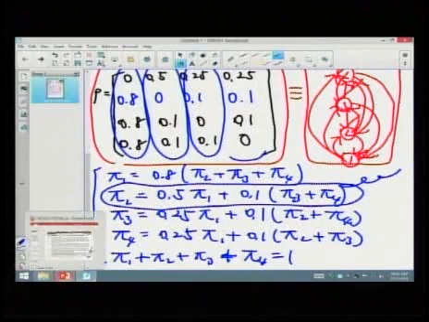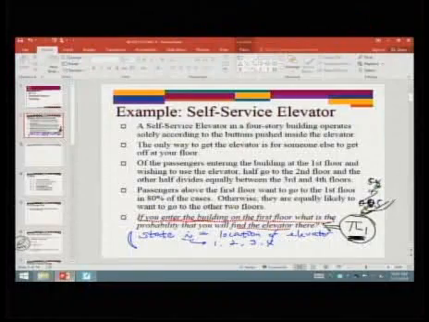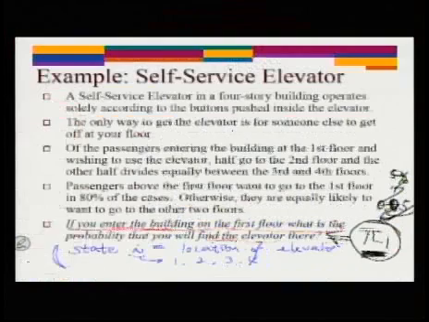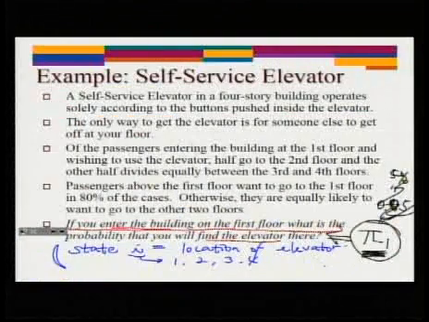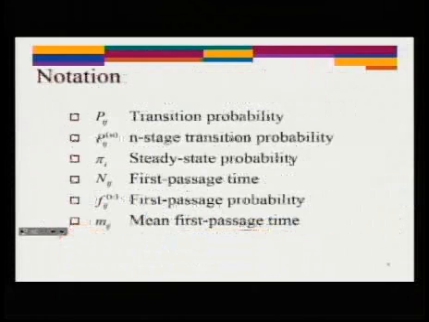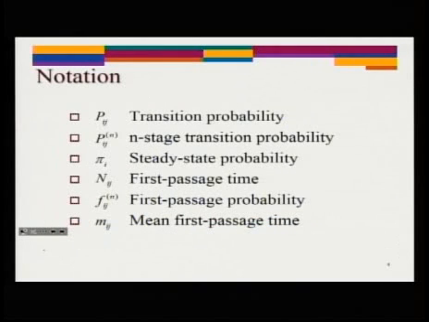And now go back to our slide. Okay, these are some important notations for the analysis of discrete time Markov chains. So we've already talked about the first three, right?